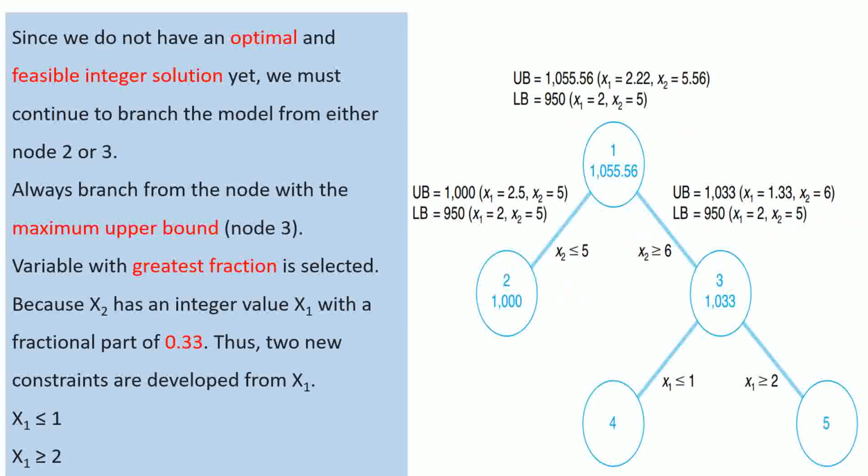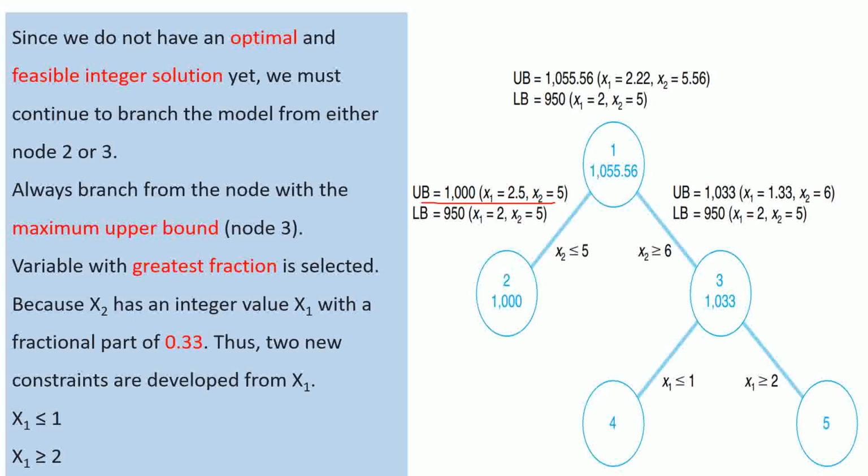Next, since we do not have an optimal and feasible integer solution yet in either case: in node 2, x1 is 2.5, which is not feasible, because we cannot have a fractional number of machines.